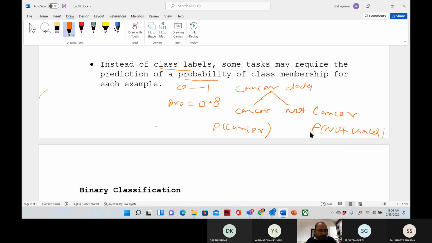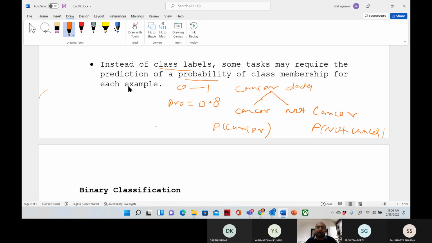In the medical field, doctors have tools where they give input X-ray images or mammograms in case of breast cancer, and they see the probability and, using their knowledge and experience, they predict that if this probability is greater than this, then this may be a cancerous patient. So sometimes instead of class label, we just need to predict the probability of the class.